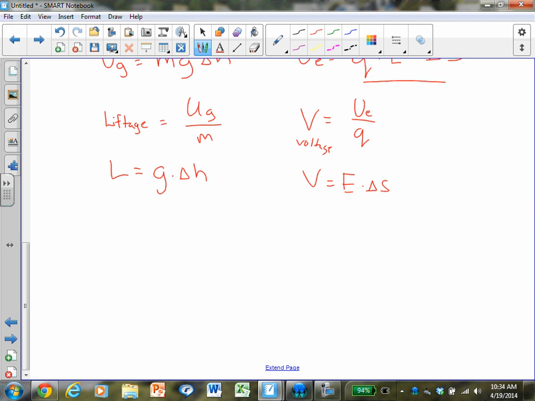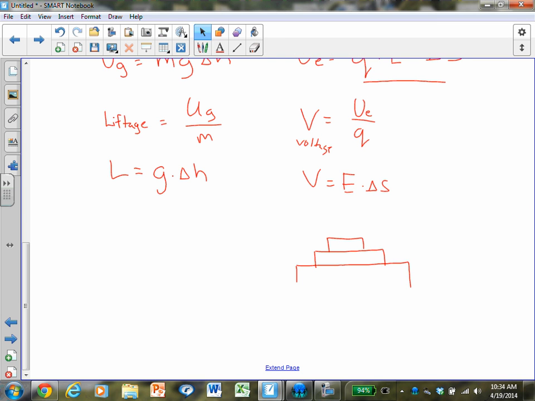And this idea of voltage is like potential energy per, so it's sort of like on bleachers you can imagine going up. So let's talk about liftage first: different size people, but they're all on the same bleacher, so they have the same liftage.